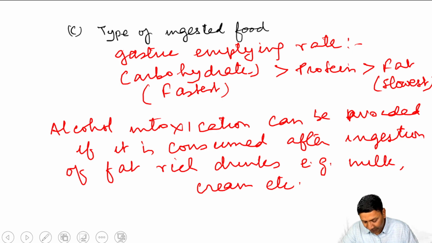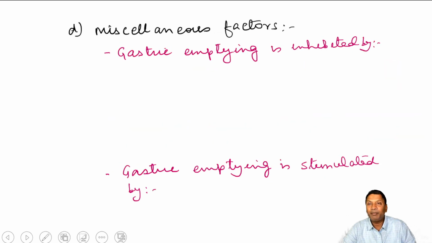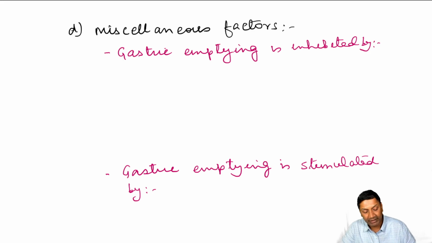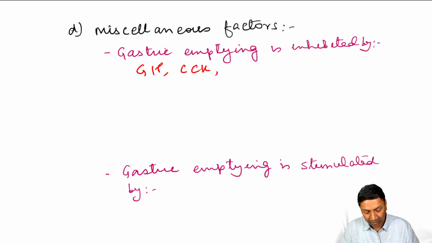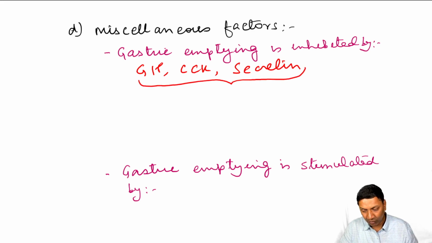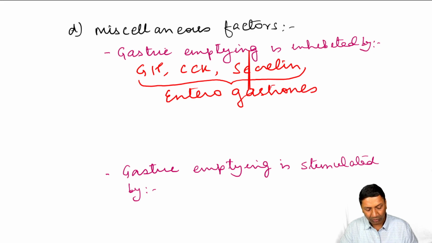Then the other factors which affect the gastric emptying are the miscellaneous factors. For example, the gastric emptying is inhibited by the hormone gastric inhibitory peptide, the hormone cholecystokinin, the hormone secretin, right? These hormones are also called enterogastrones.